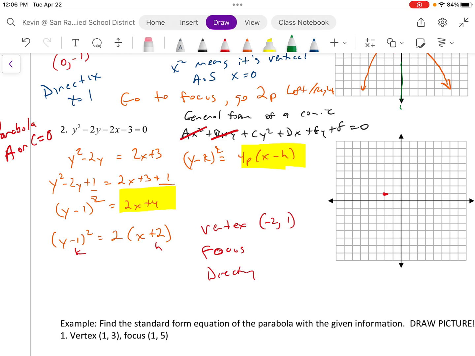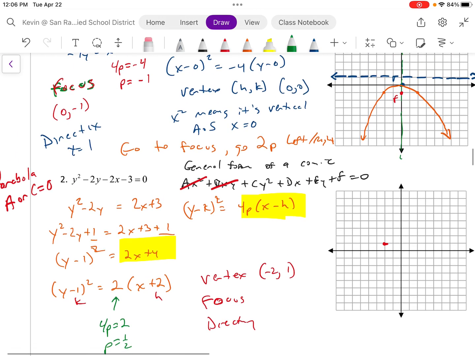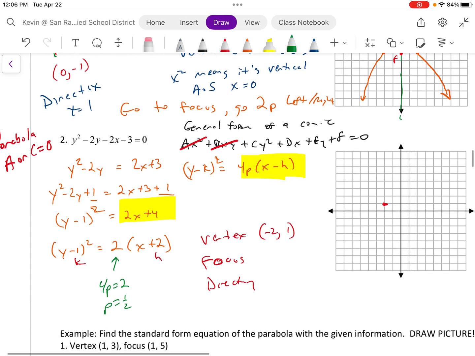So I need my focus, and I need my directrix. This value here, I'm going to go 4p equals 2, so p equals 1/2.